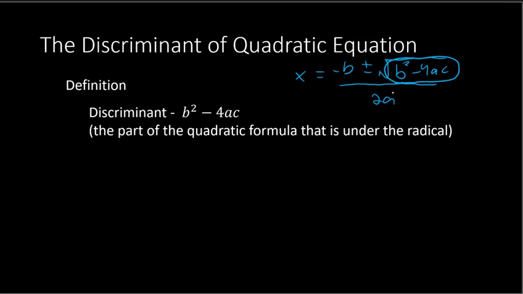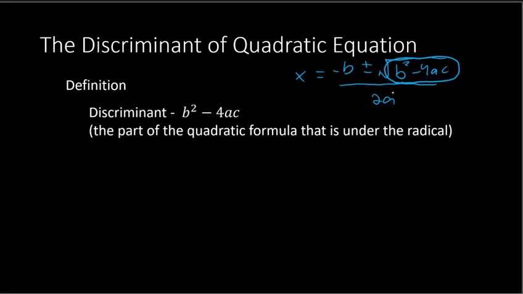All right, so it's going to give us information as far as like if it's going to be real or imaginary. It'll tell us if it's going to be rational or irrational answers. It'll tell us the number of answers. So that part tells us a lot of information about the types of answers we're going to get.